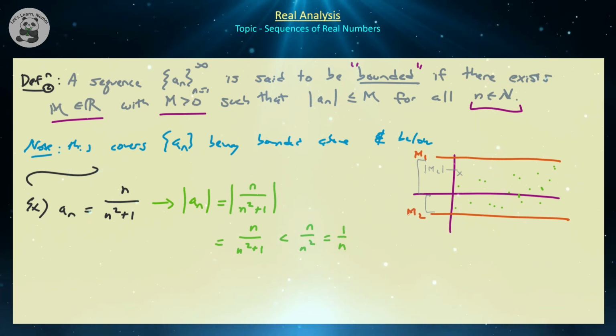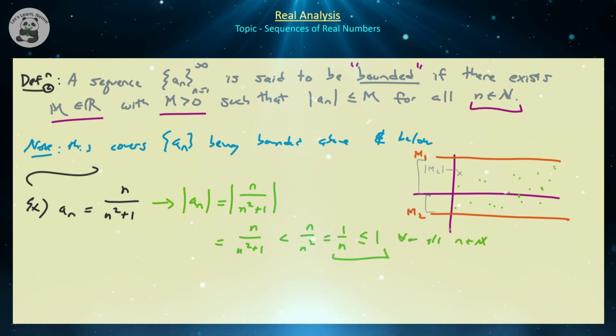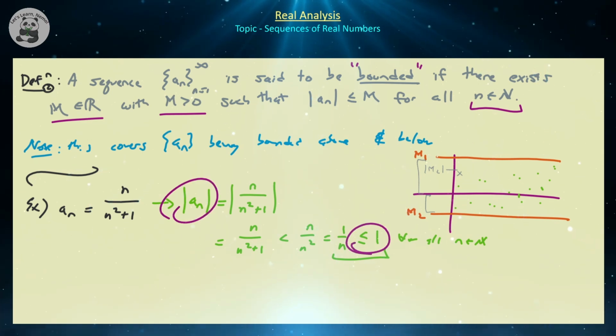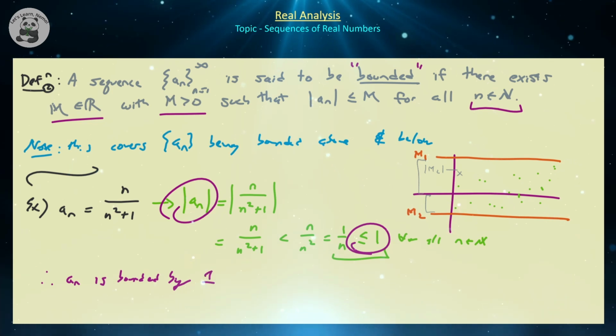And we know that 1 over n is bigger than or equal to 1 for all n in the set of natural numbers, and you can justify that using mathematical induction as well. So we have that a_n's absolute value is less than or equal to 1 for all n in the set of natural numbers. That means a_n is bounded by 1, right?